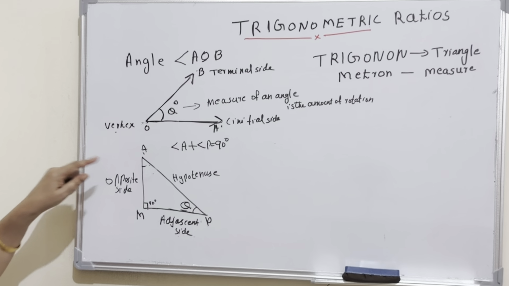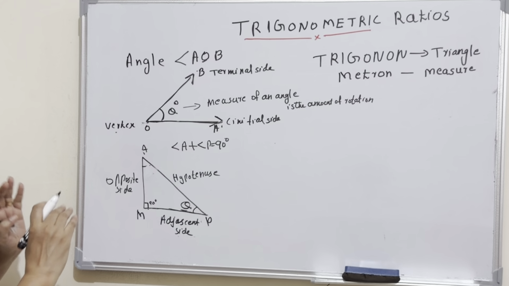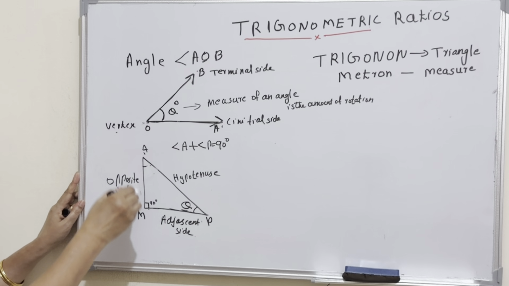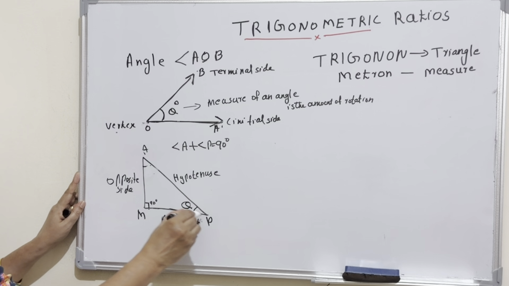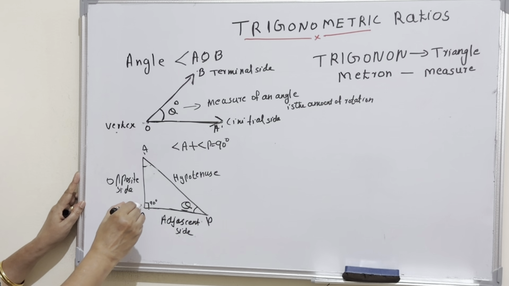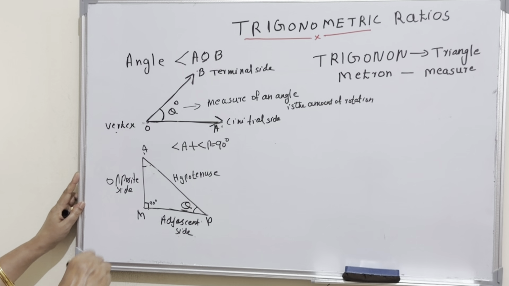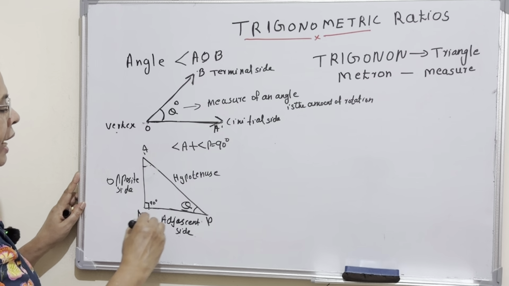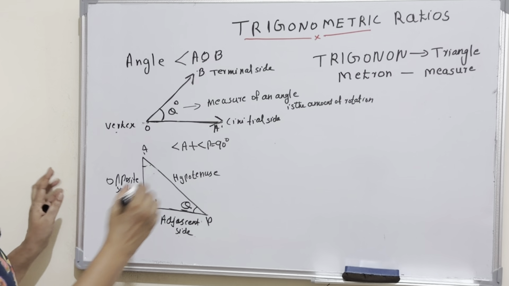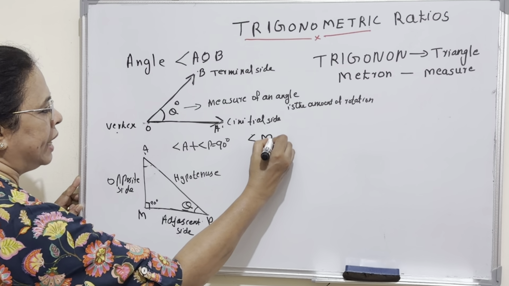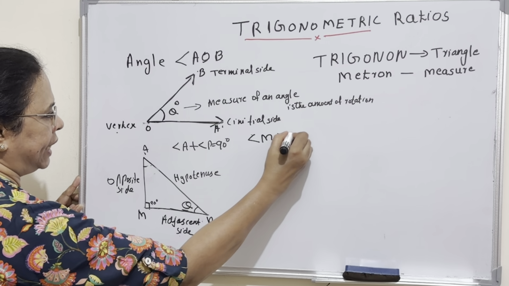And when you consider a right angled triangle, what do you mean by a right angled triangle? Two sides, suppose here AM is a side, MP is a side, AM and MP are mutually perpendicular to each other, meaning the angle between them is 90 degrees. Then if I make this triangle AMP, in triangle AMP, angle M you know is 90 degrees, right?